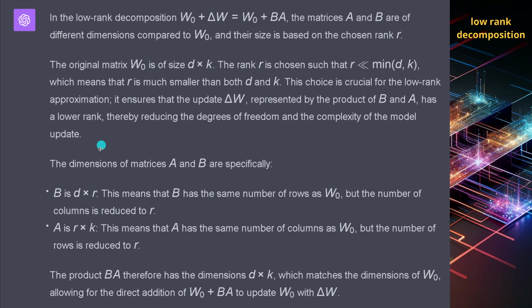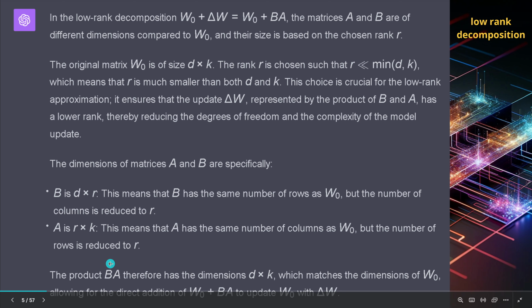Beautiful. Now, of course, since the change in W is B times A, it follows that the change in W has the same dimension as W, therefore B times A has also the same dimension. So if we have W with D times K, the dimensionality of our matrix B is D times R, and for A, it is R times K. Beautiful.